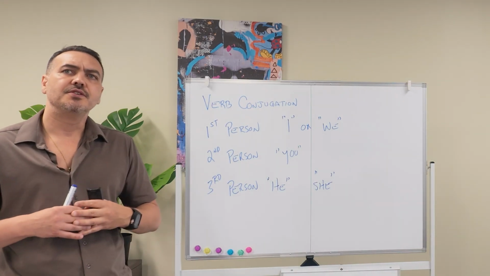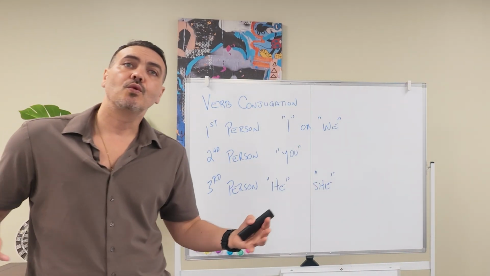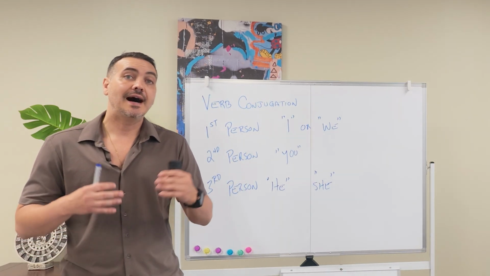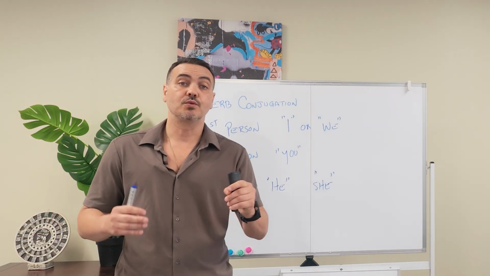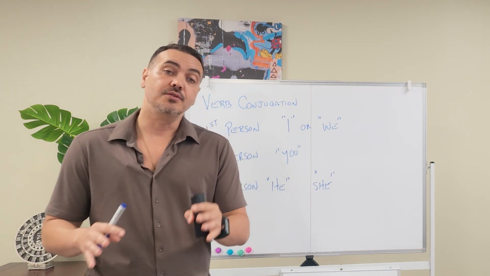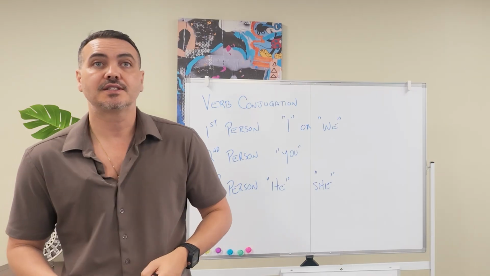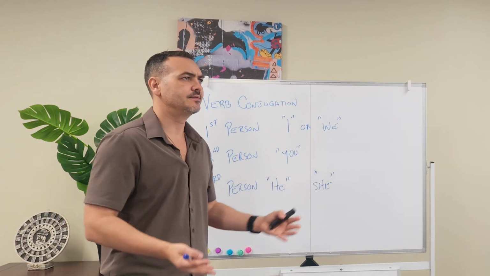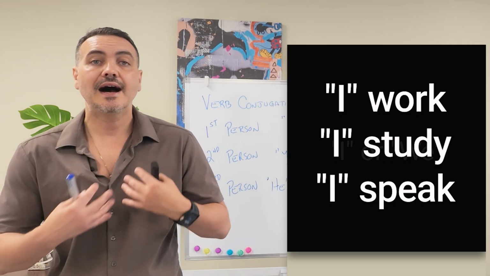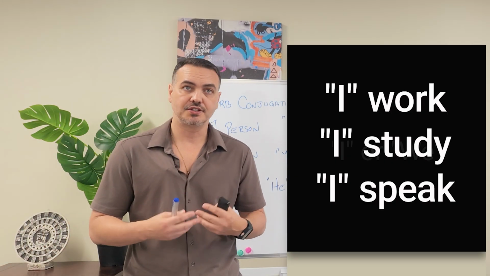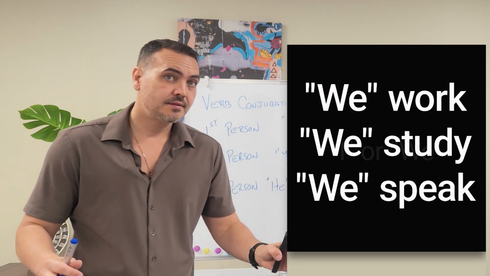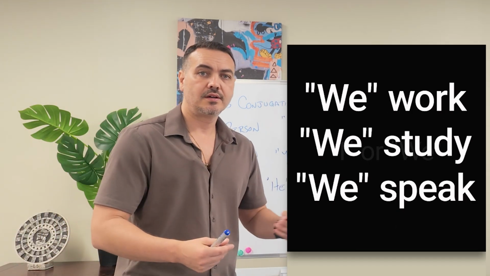So let's start with talking more about first person. First person is used when I talk about myself or when I talk about a group that includes me. I is only used for one person, myself. We is used for more than one person. For example, I work. I study English. I speak English. When I'm talking about more than one person, we work.